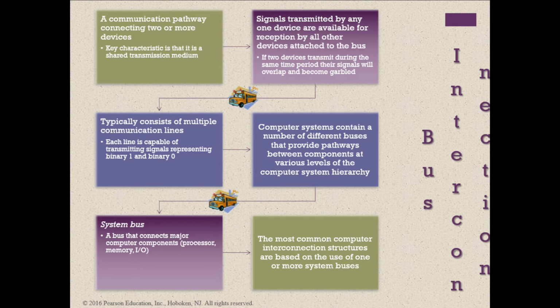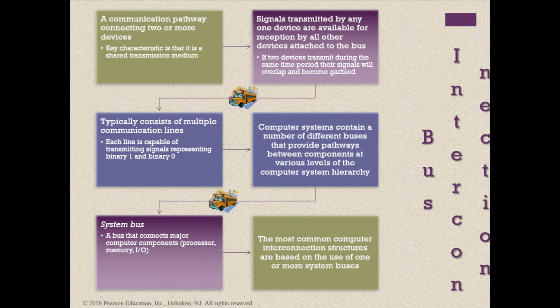Typically, a bus consists of multiple communication pathways or lines. Each line is capable of transmitting signals representing binary 1 and binary 0. Over time, a sequence of binary digits can be transmitted across a single line. Taken together, several lines of a bus can be used to transmit binary digits simultaneously, or in parallel. For example, an 8-bit unit of data can be transmitted over 8 bus lines.